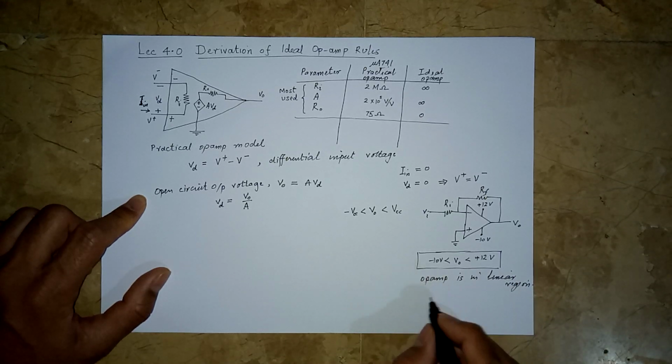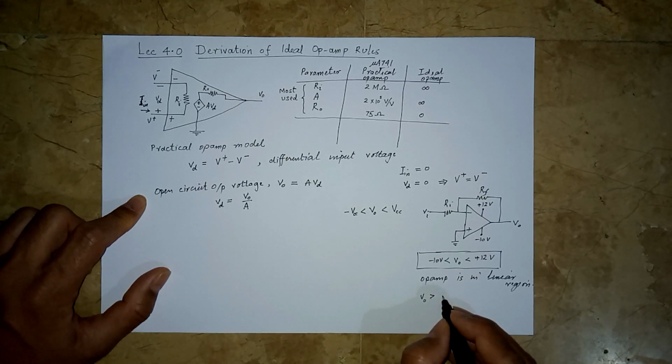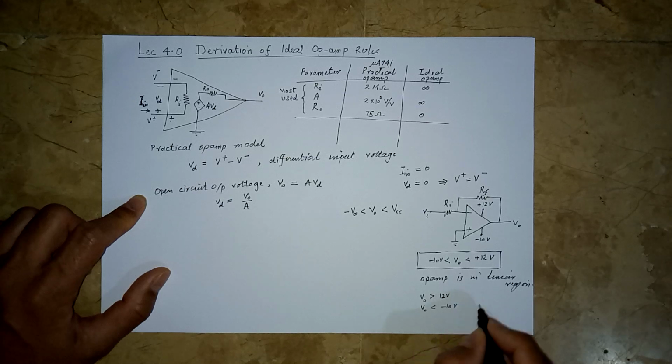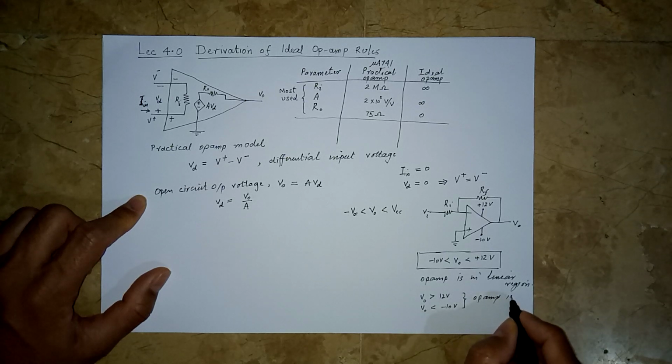And whenever VO is outside this range, either it is greater than 12 volts or VO is less than minus 10 volts, we say the op-amp is saturated. So this is an important thing to know.